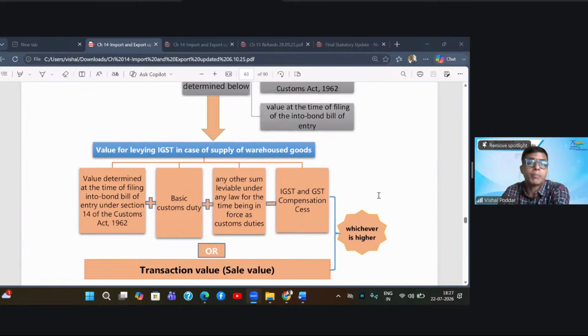Now, this is applicable when you are supplying the warehouse goods further. So the goods which are lying in warehouse, you are further supplying them. Whenever these goods are cleared at a later date, the value on which the IGST would be applicable is the higher of these two values.